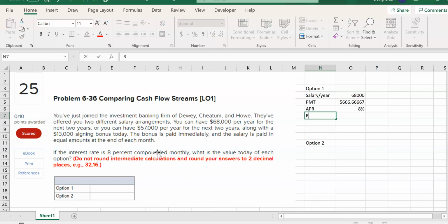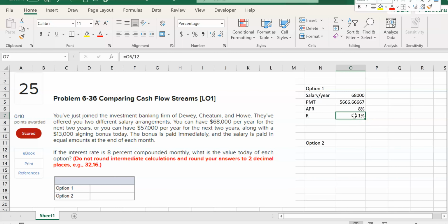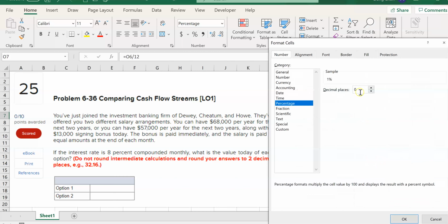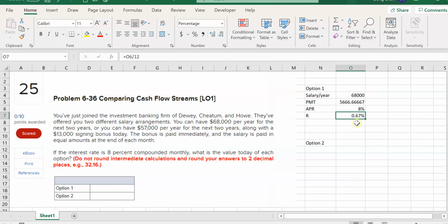So the monthly interest rate, let me use R to denote that, should be equal to the APR divided by the number of months within a year. Here it shows 1%, but that's because of the cell format, since I didn't keep any decimal places. Once I change that to 2, you can see this is actually 0.67%.